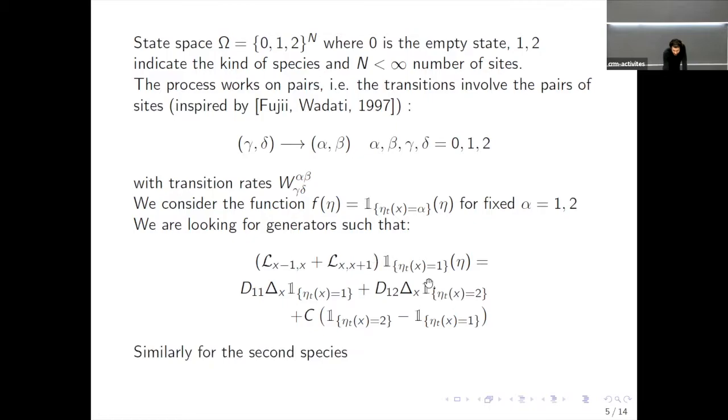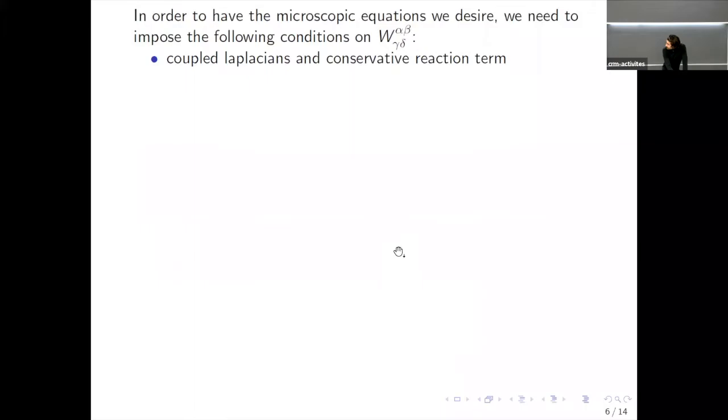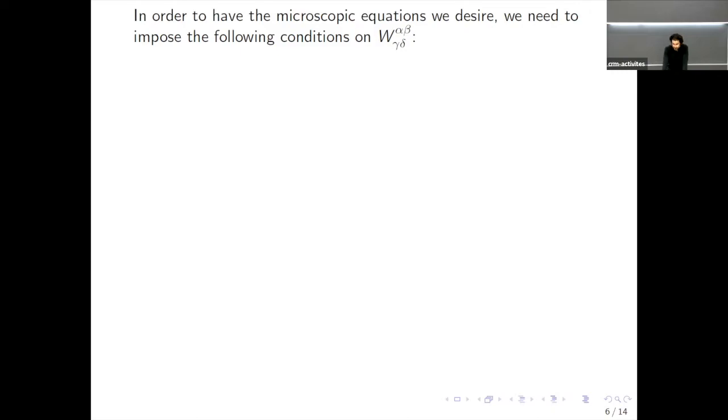Similarly, as I said before, we can argue for the second species. In order to obtain such an action, we have to impose some conditions on the transition rates, and the conditions we have imposed are the following. First, as I said before, we would like to have two coupled Laplacians and a conservative reaction term, so we surely have to impose this condition.